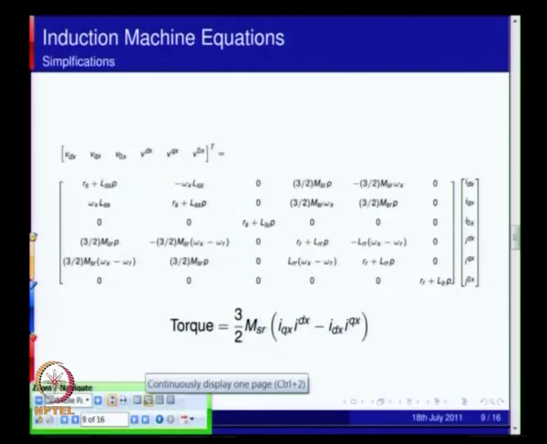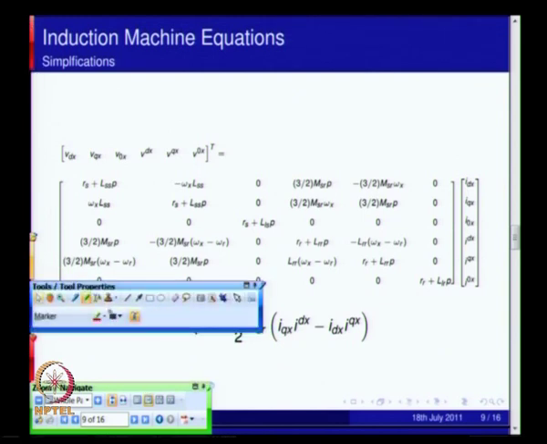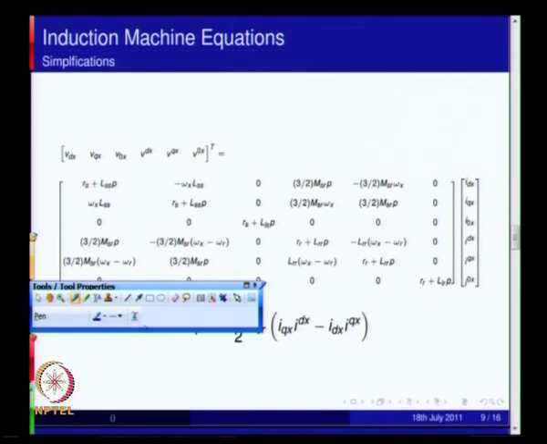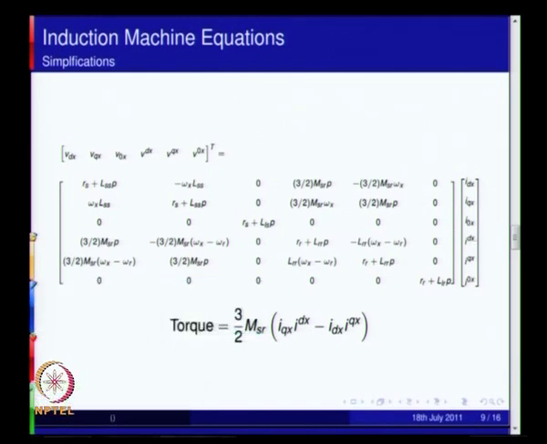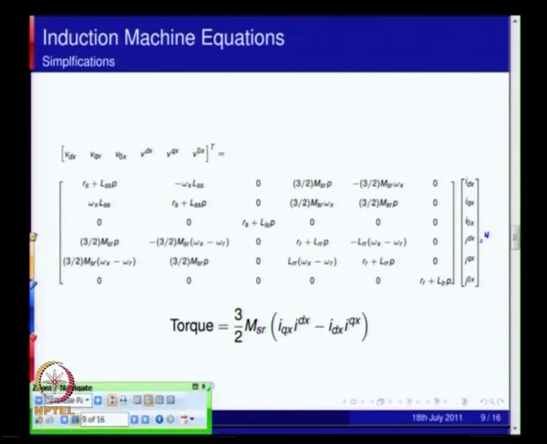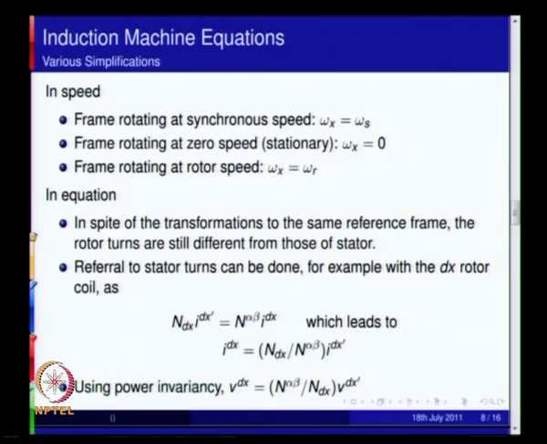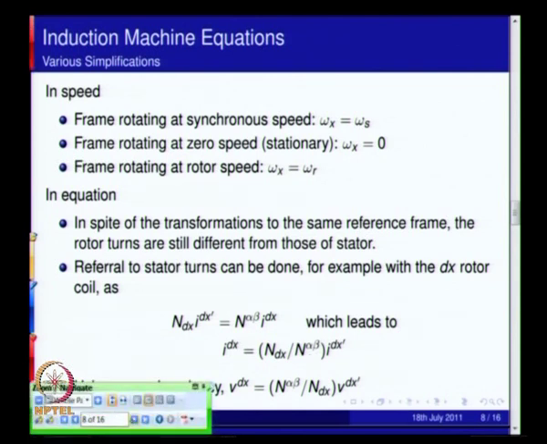What happens there is that this I dx that is there has now been rewritten as n dx by n alpha beta into I dx dash.